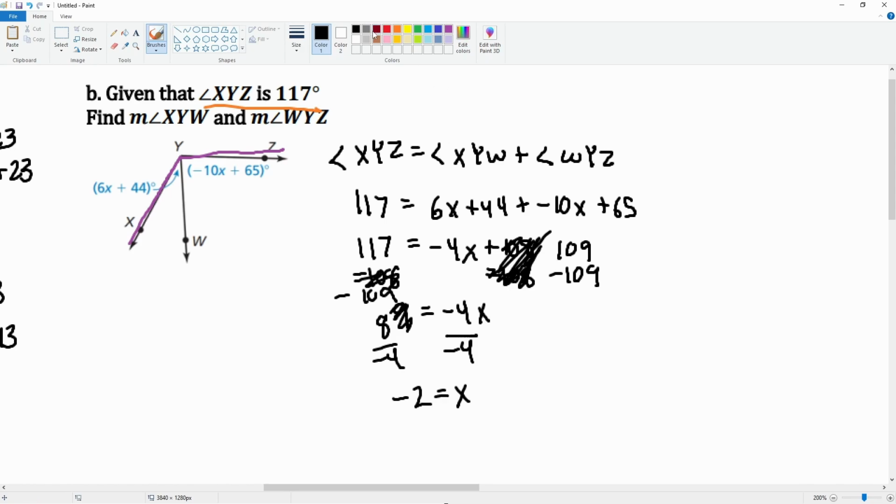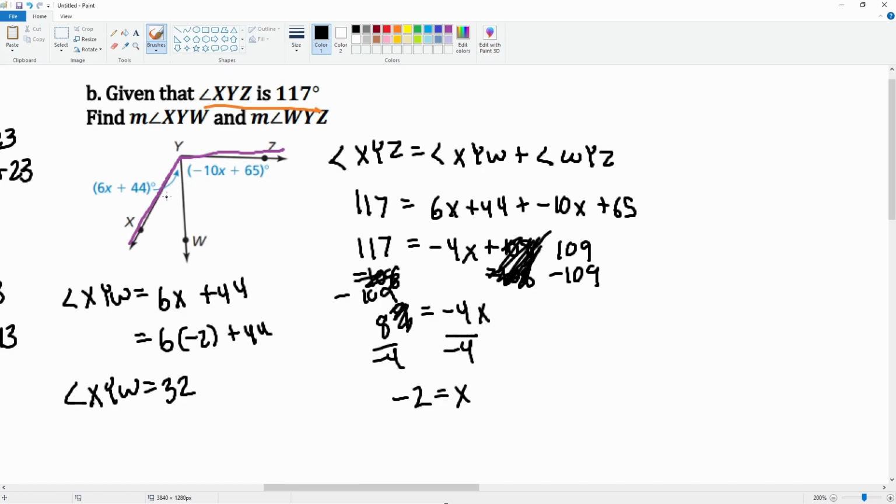Now we want the value of angle XYW. That is 6x plus 44. We substitute in the value. 6 times negative 2 plus 44 gets you 32. So angle XYW is 32 degrees.